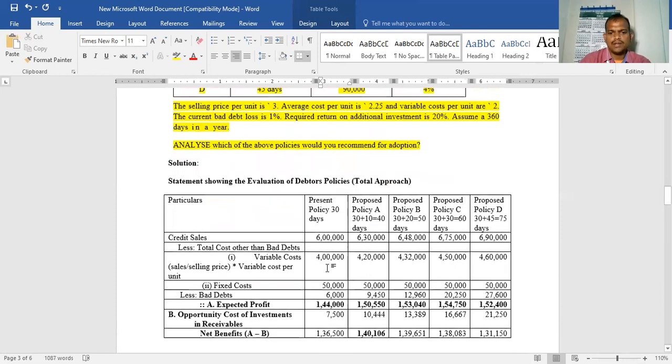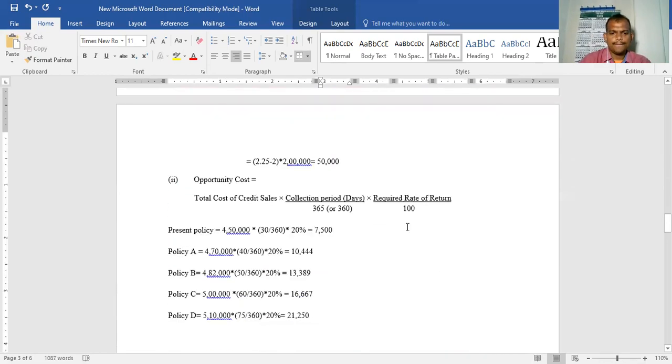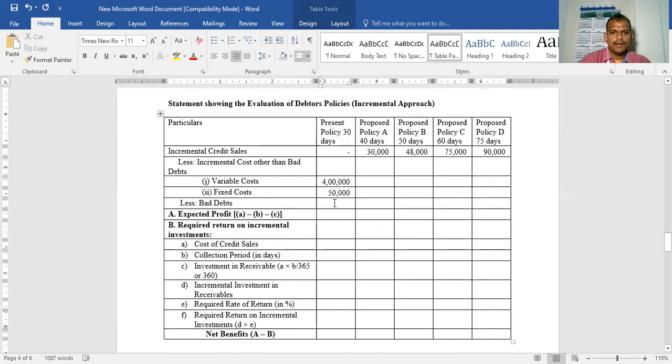Only a few calculations I am considering from this table, that is variable cost and fixed cost, and bad debts.